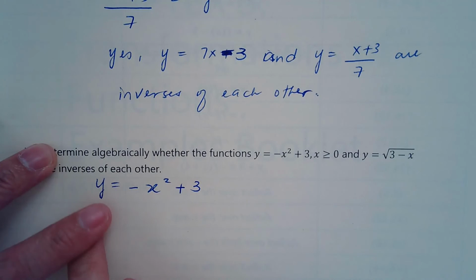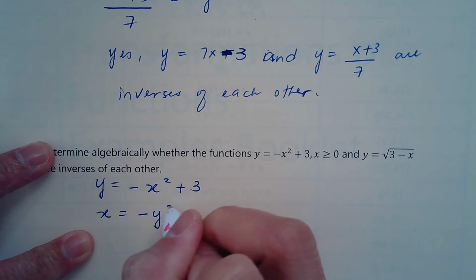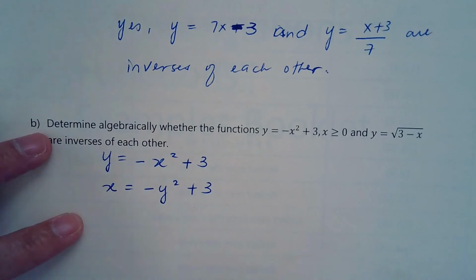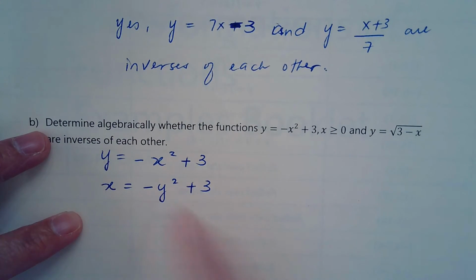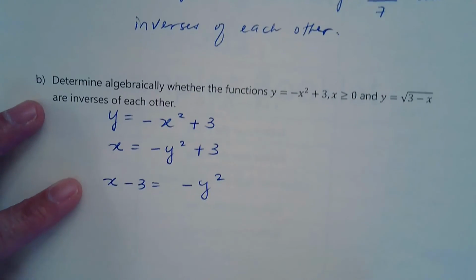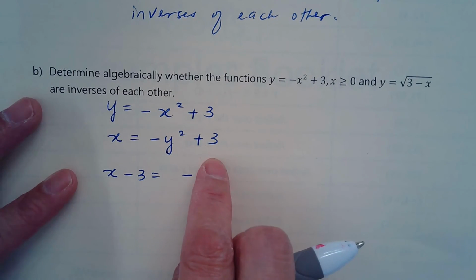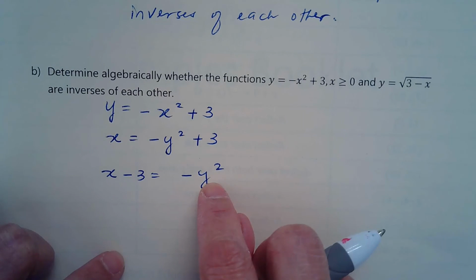Okay, so swap the x and the y. And then isolate the y. Okay, what are we going to do next here? Yeah, we can multiply each side by -1. We can also divide by -1, or we can bring this to the other side and bring this side to the other side.